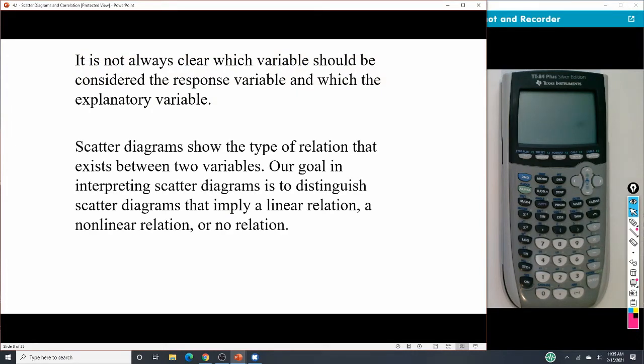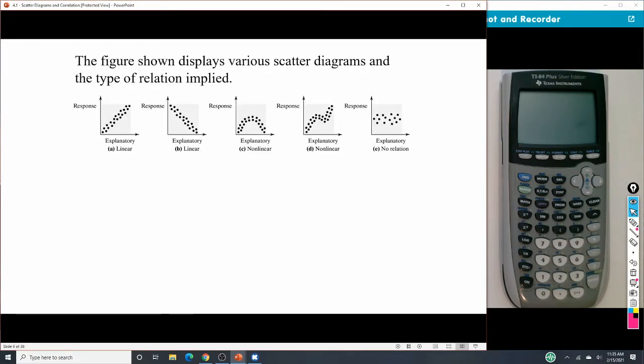All right, so scatter diagrams show the type of relation that exists between two variables. And so we want to distinguish whether they imply linear, nonlinear, or no relation. That's one of our goals. If it's linear, that means that our points pretty much make the shape of a line. They may not be a straight line specifically, but they kind of give us that shape.